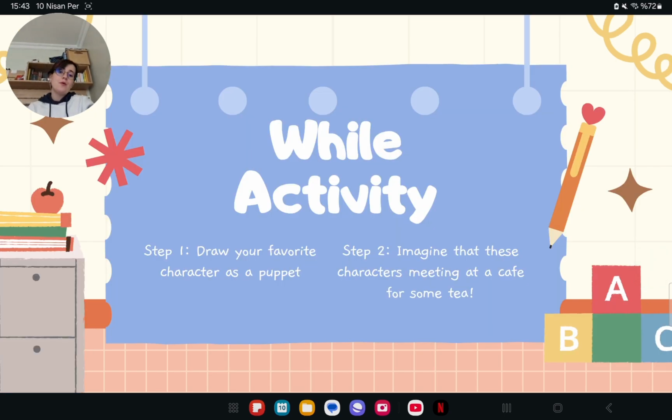Then we will move on with our wild activity. The materials I mentioned beforehand will come in handy during this activity. First of all, I will share this blank puppet worksheet with them and give them lots of colorful pencils and ask them to draw their favorite character. It can be a cartoon character, a movie character, it can be from an animation, it doesn't matter.